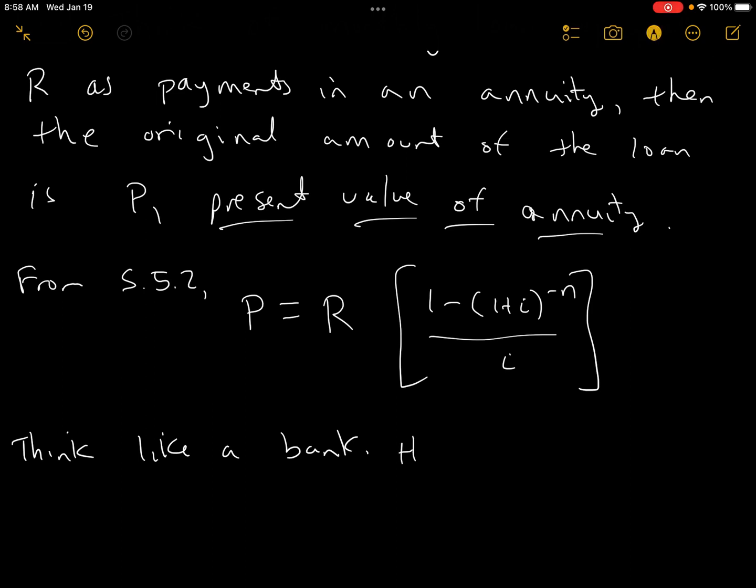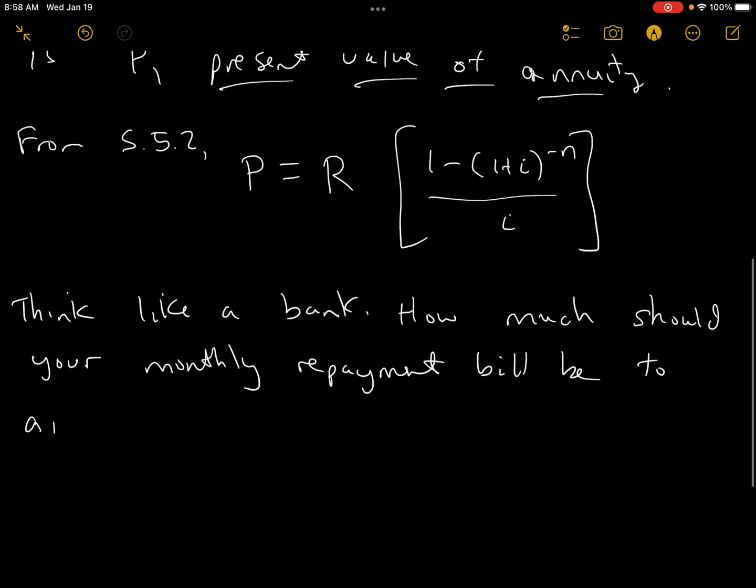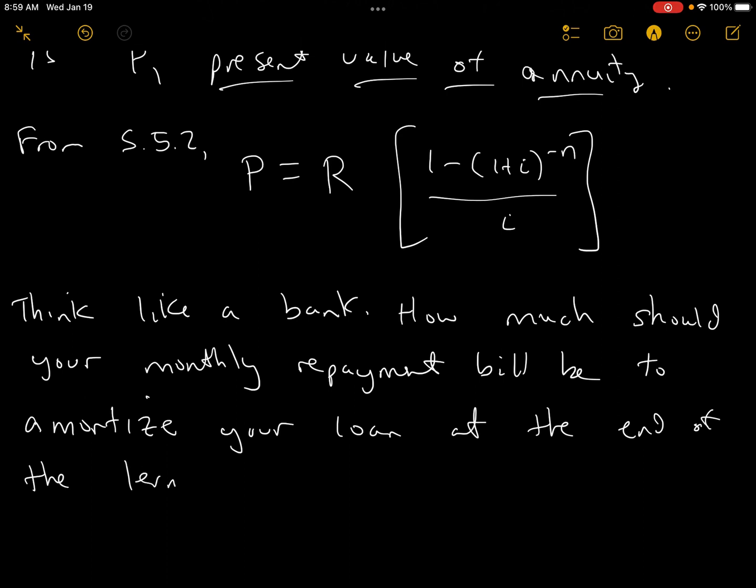And ask the question, how much should your monthly repayment be to amortize your loan at the end of the term?